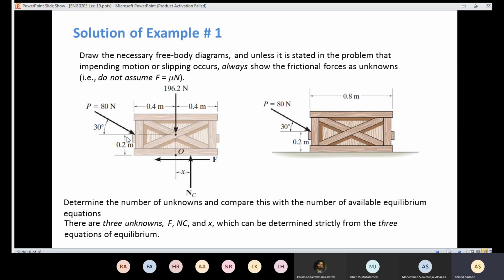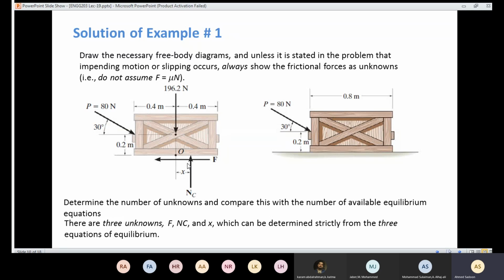So if I apply force here, I expect the box to move in that direction. So the frictional force is going to be opposite to that direction. And we have the normal force, and we don't know its location, because the normal force is going to resist the tendency of that box to turn over.